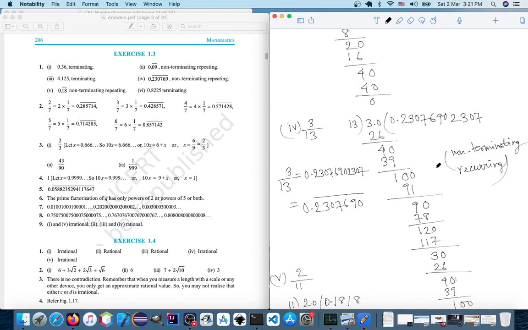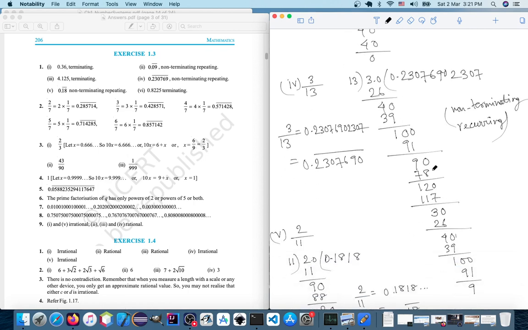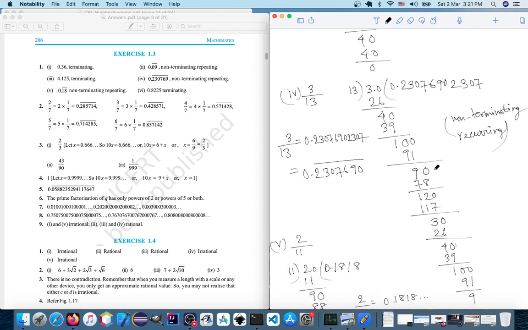0.230769. Non-terminating repeating, non-terminating recurring, but I made some mistake in the repeating block of digits. Why in the answer is it given 230769, but in my answer I am having a 0 after 9 in the repeating block of digits?